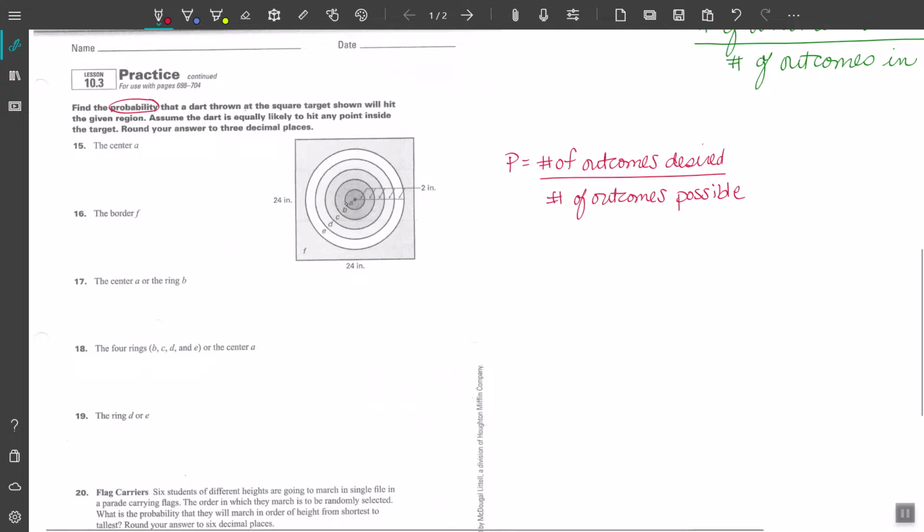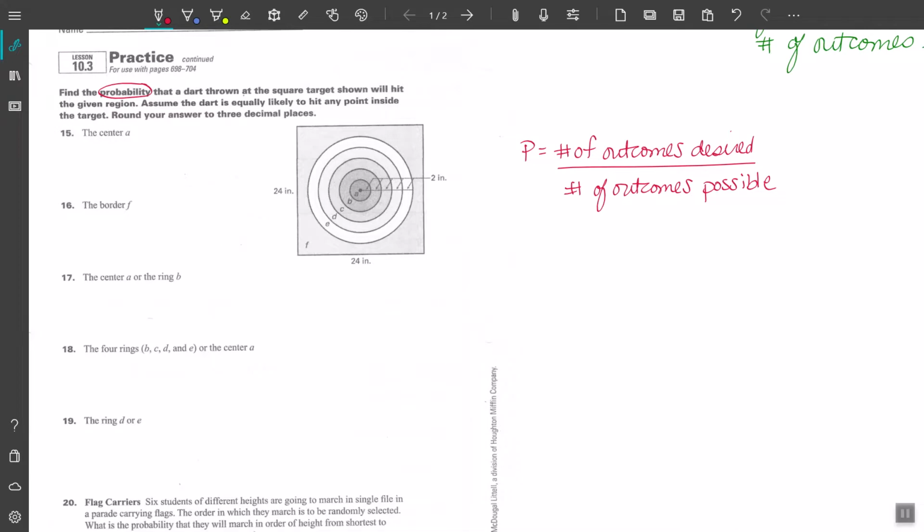So if we find the area of that little circle, that's going to be our numerator, the number of outcomes desired. You can see they've drawn in these arrows to show the radius, and each of those radii, each segment there, is 2 inches in length.